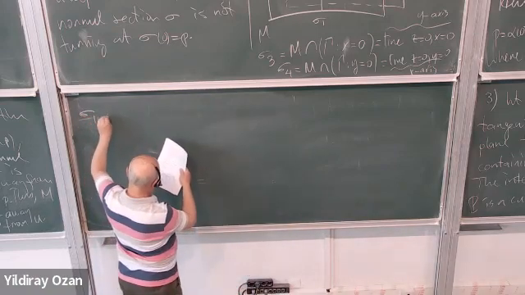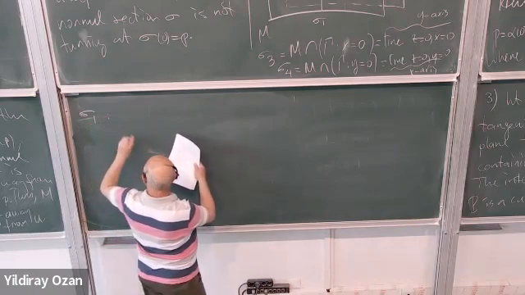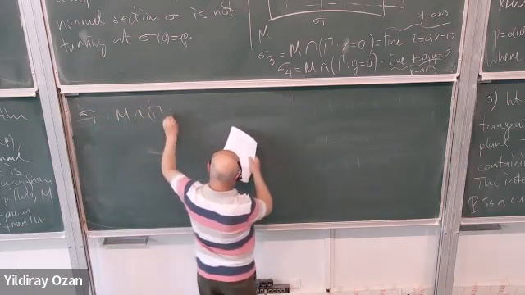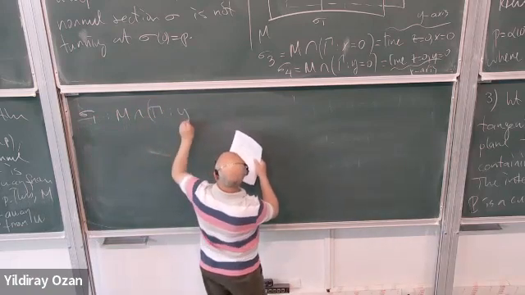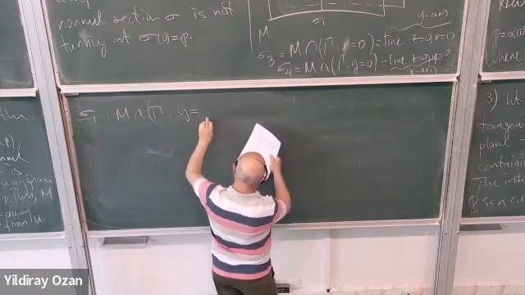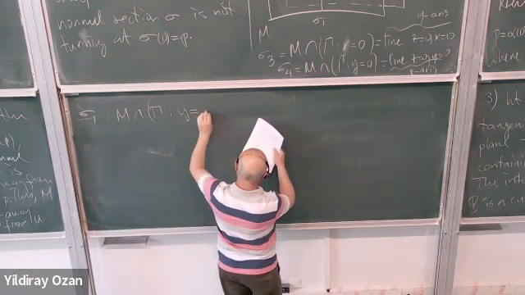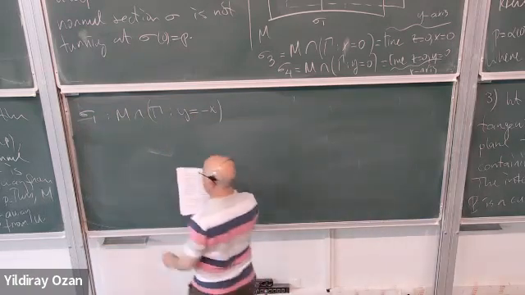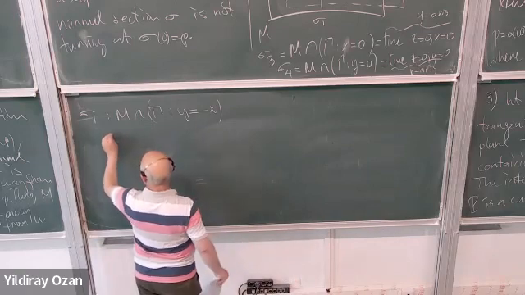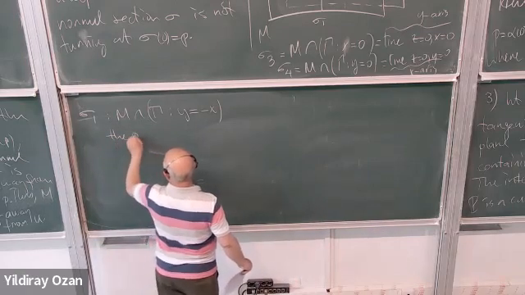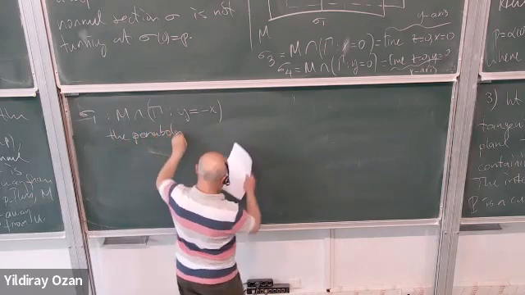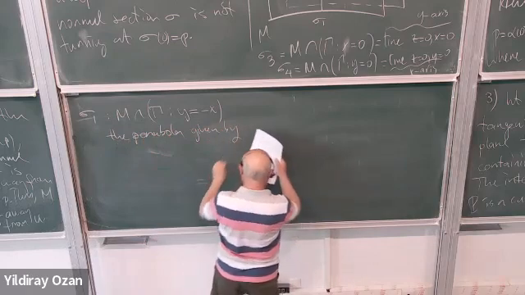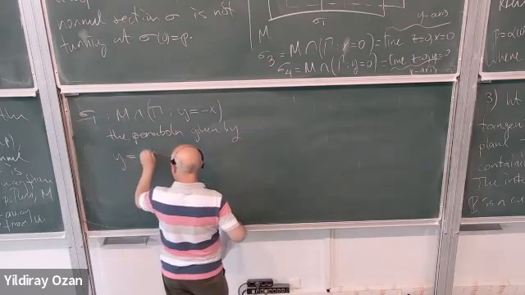Gamma 1 is M intersection gamma, and gamma is the plane given with this equation, y equals minus x. Therefore, gamma 1 is the parabola given by y equals minus x.